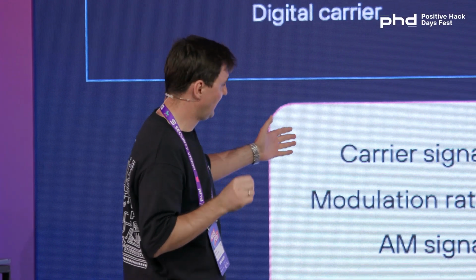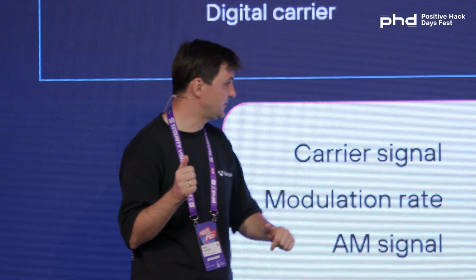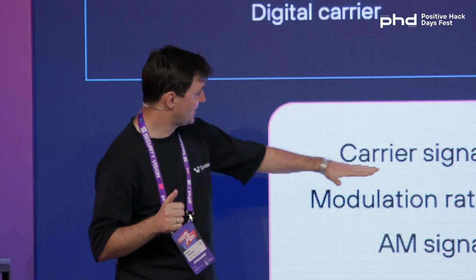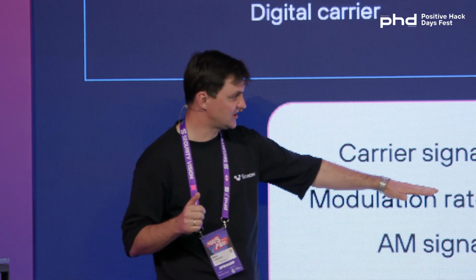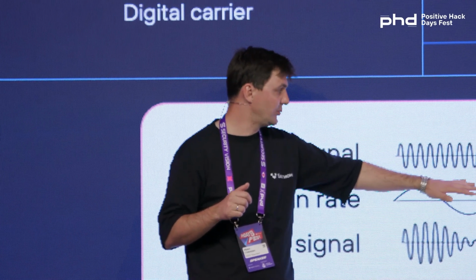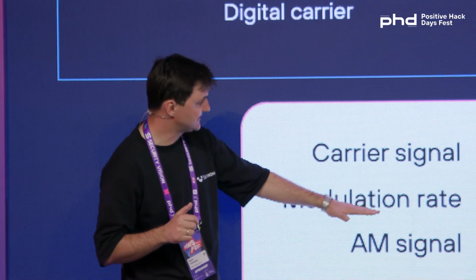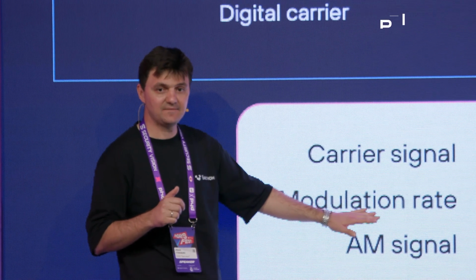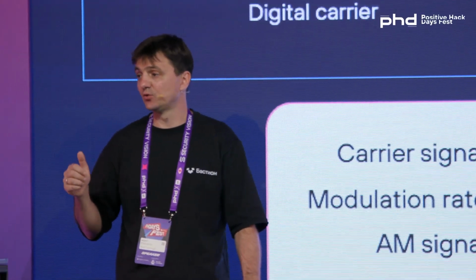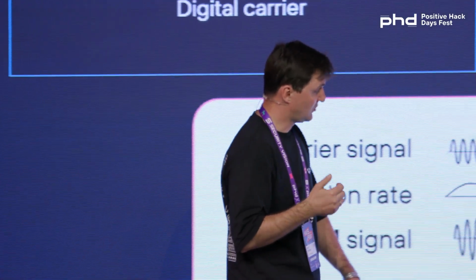This is AM and FM modulation. AM is amplitude modulation, FM is frequency modulation. The carrier signal is at a certain frequency and amplitude, and payload is transmitted through modulation, depending on the modulation type.